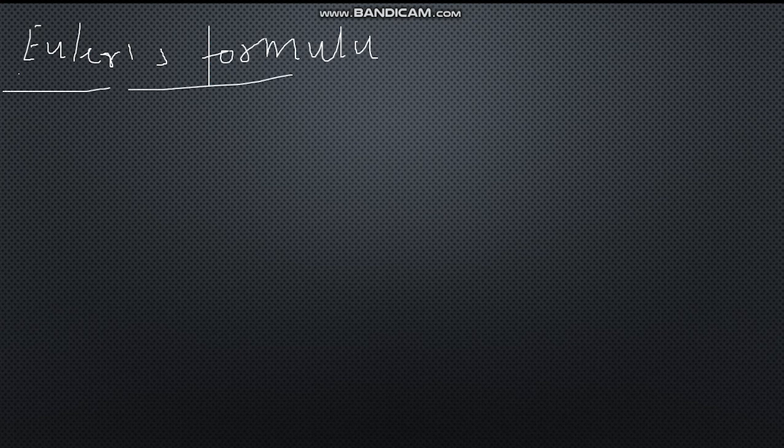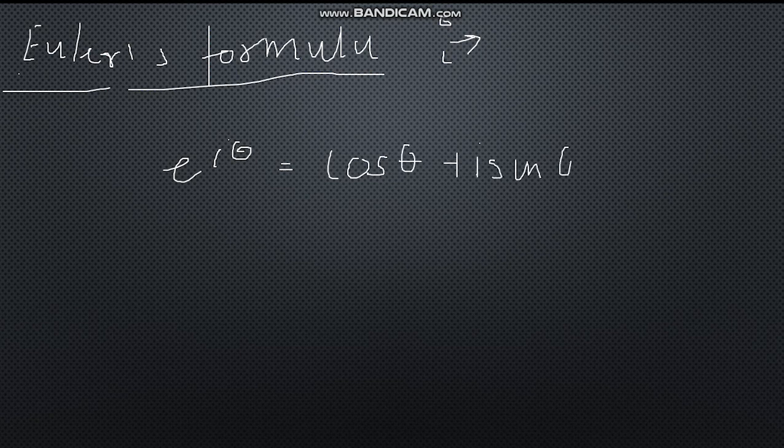So for Euler's formula, e raised to power iota theta, that is exponential raised to power iota theta, is equal to cos theta plus iota sin theta.